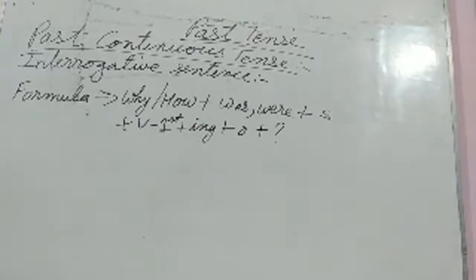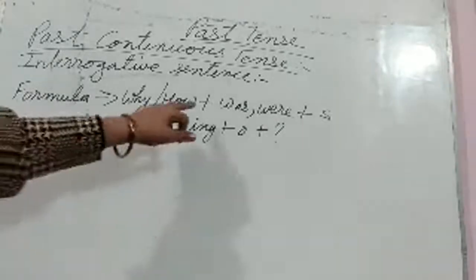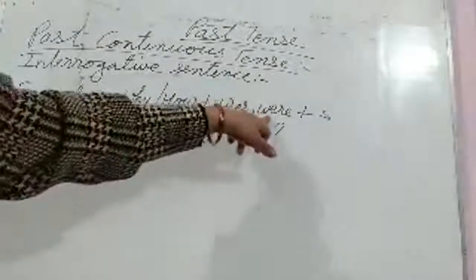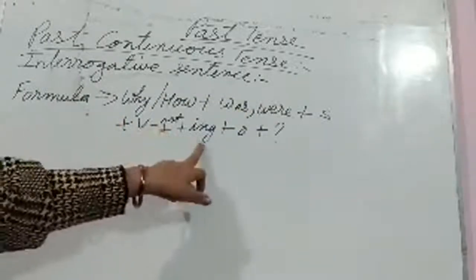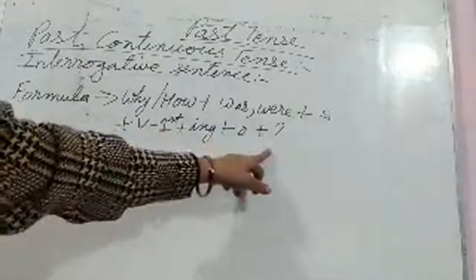The formula for the interrogative sentence in past continuous tense is: why or how plus was or were plus subject plus verb of first form plus ing plus object plus question mark.